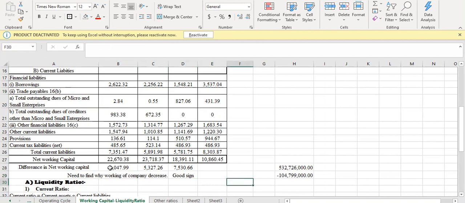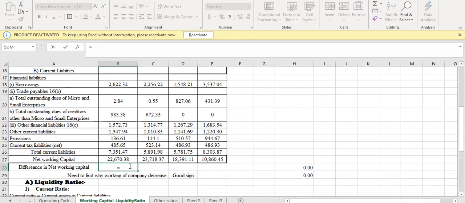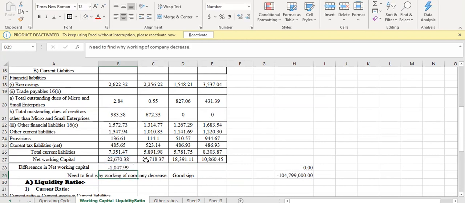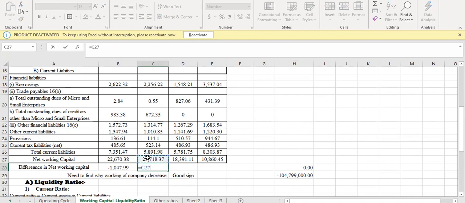I have compared both the years, this year minus this year's net working capital, so I am able to see how many rupees, around 1 crore. Here you can see I have done the calculation also: 1 crore 47 lakh 99,000 rupees net working capital is decreased.